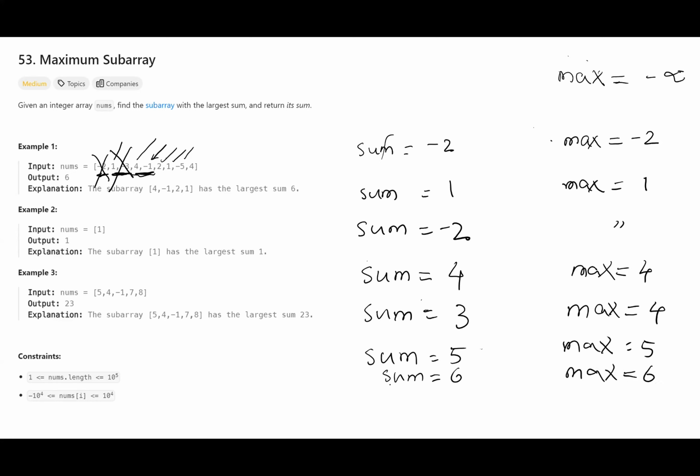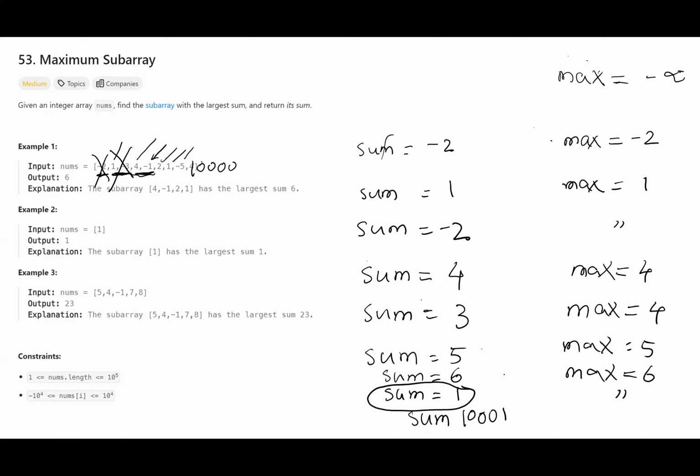Then we go to -5. The sum becomes 1. Sorry, 6 minus 5 is 1, and the max remains the same. Next. Okay, so we still are holding to this, right? Because who knows, if this was say 10,000, the sum would have been like 10,001, right?